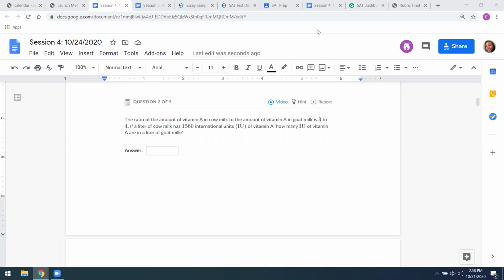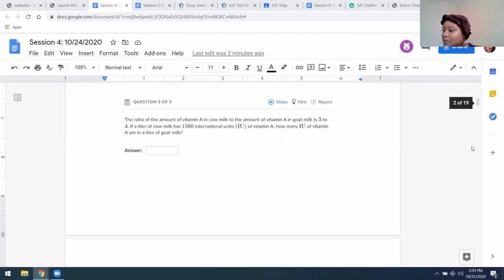It's a liter of goat milk. That's a unit of measurement we don't usually use because we still use a very antiquated British system, but I digress. Okay, so again, this is another example of a ratio.